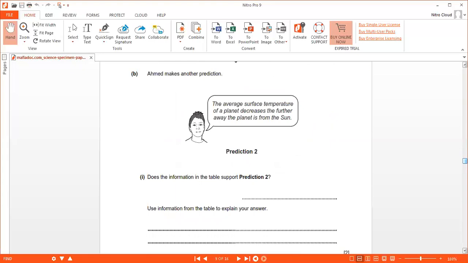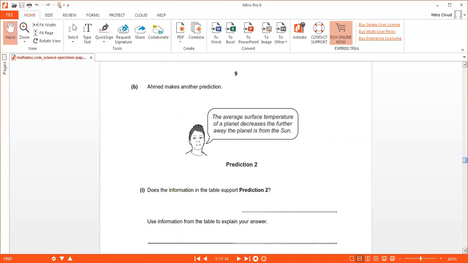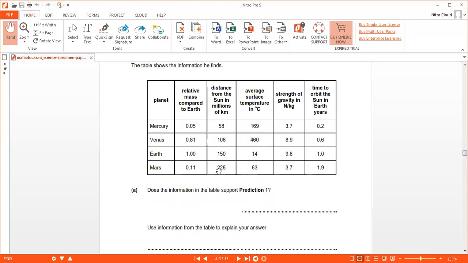No. Explain your answer. Look at the table. Here, Earth is cooler than Mars, although it's closer to the sun, and Venus is hotter than Mercury, although it's further from the sun.